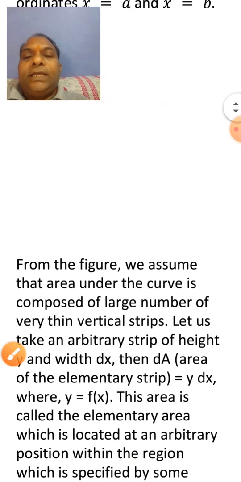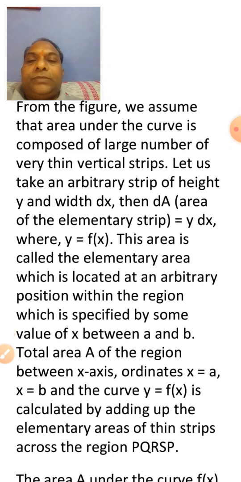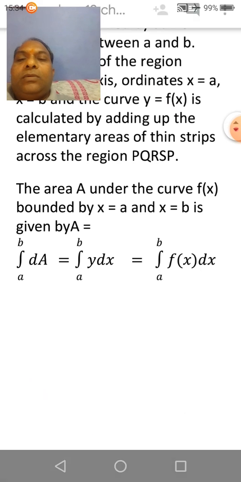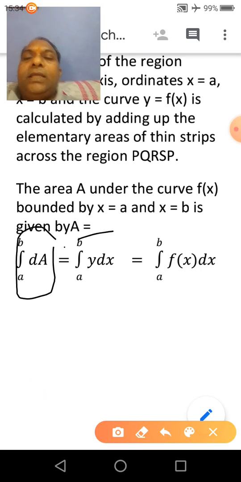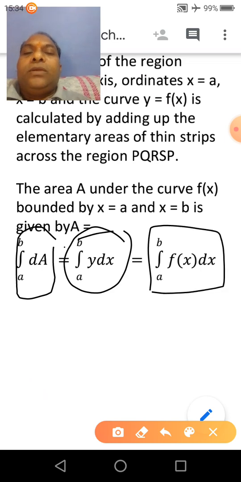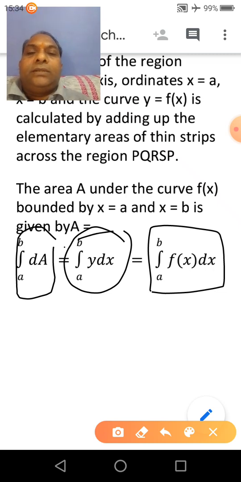So see here, from the figure, area will be equal to integration a to b dA. dA will be equal to y into dx and y is equal to f(x). So integration a to b f(x) dx will be area under the curve f(x).